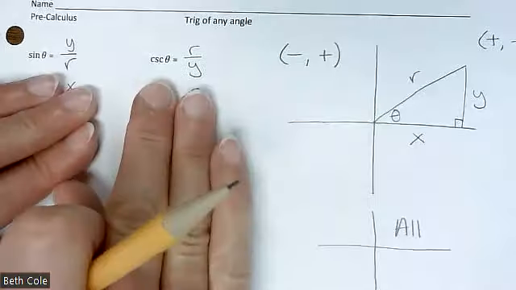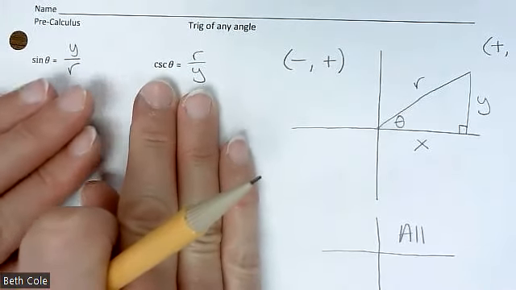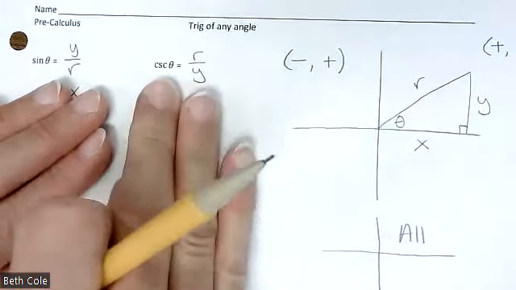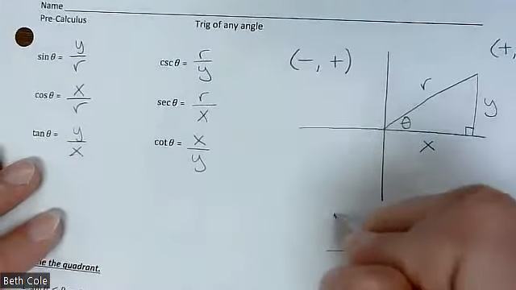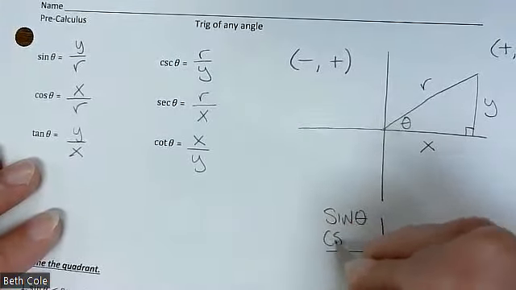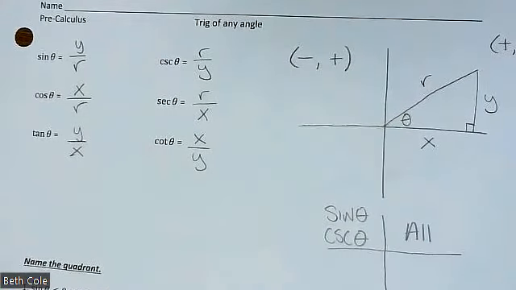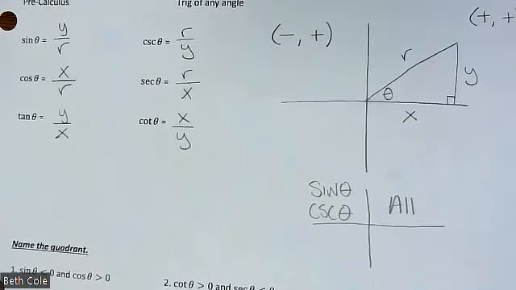Cosine and secant. So the only two that are still positive in quadrant 2 are sine and cosecant. They are still positive because they don't have an X with them. We're writing which ones are positive there, because we're going to play the name that quadrant game in a second.